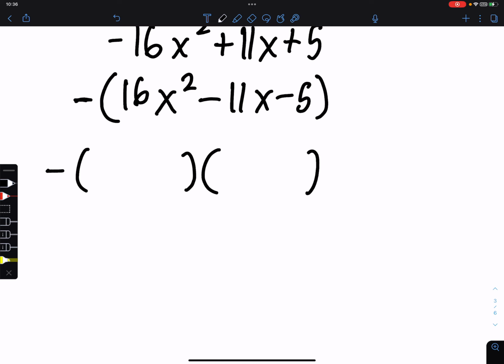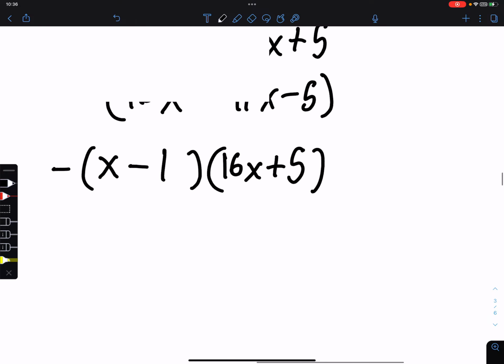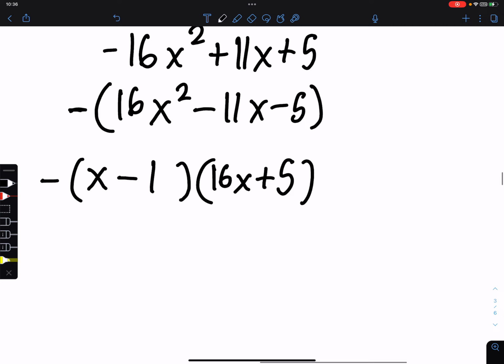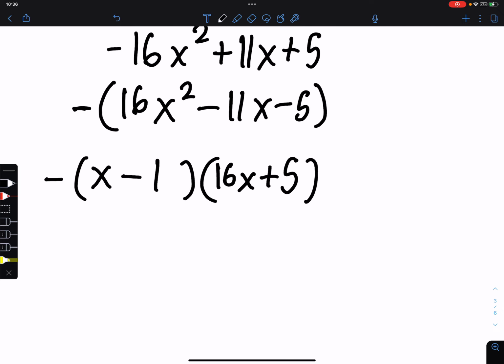And here, if you try for a bunch of times, x minus 1, 16x plus 5. And yeah, after a large amount of practicing, you should be able to get this.